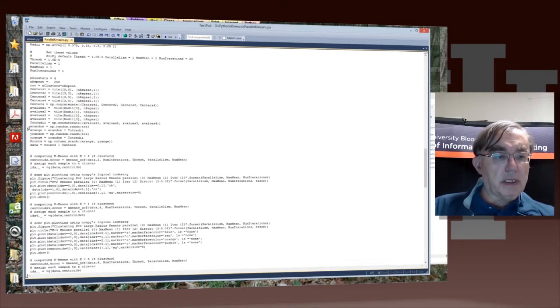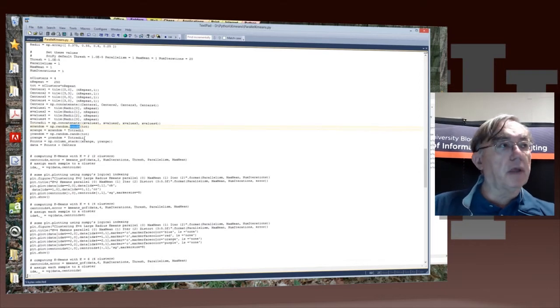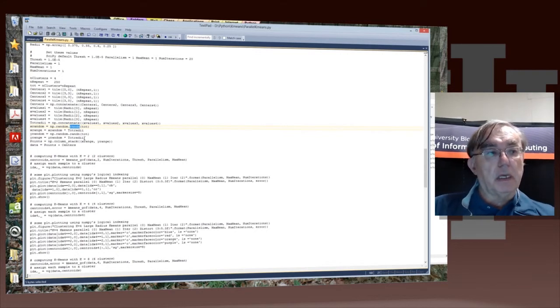And here we generate 1,000 values for x, x random, and 1,000 values for y, y random, and randn is the Python function that generates a random number which is Gaussian distributed, with a standard deviation of 1.